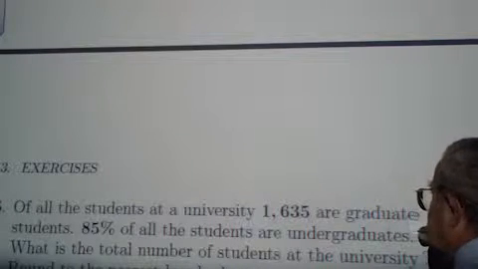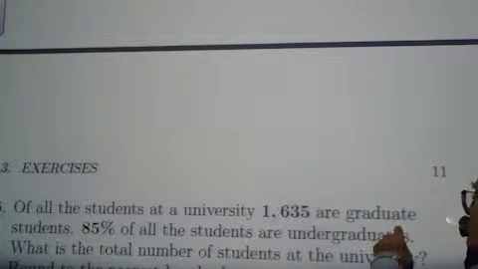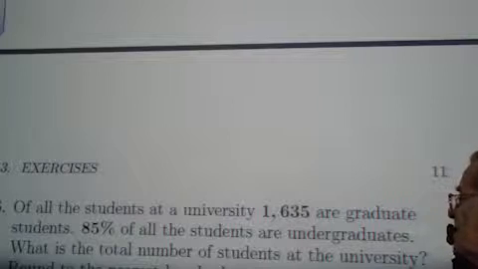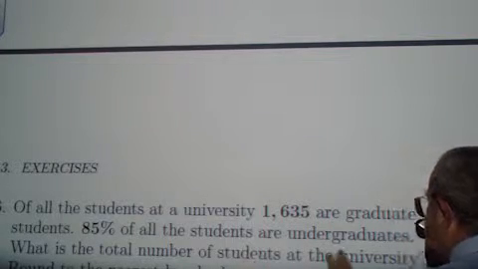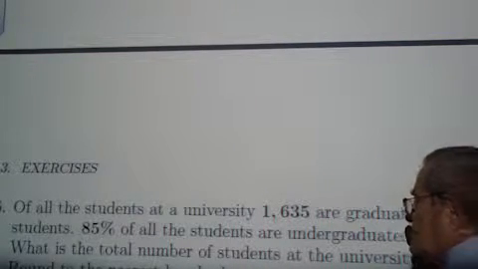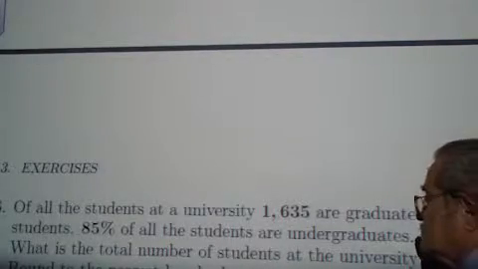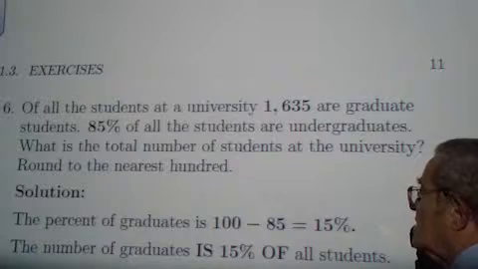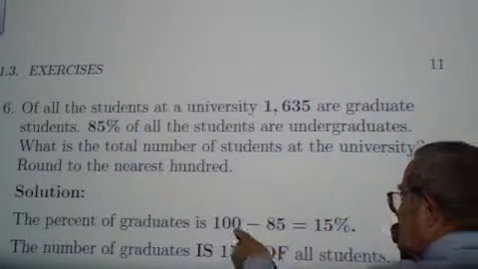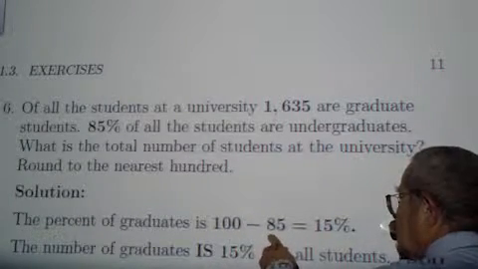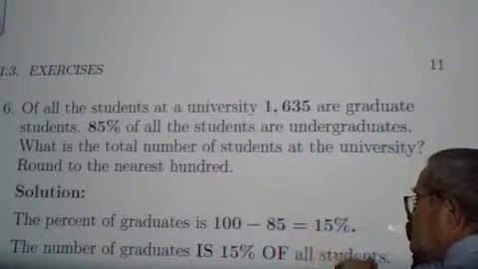Of all the students at the university, 1,635 are graduate students. 85% of all the students are undergraduates, so not graduate students. What is the total number of students at the university? The percent of graduates is 100 minus 85, so 15%.